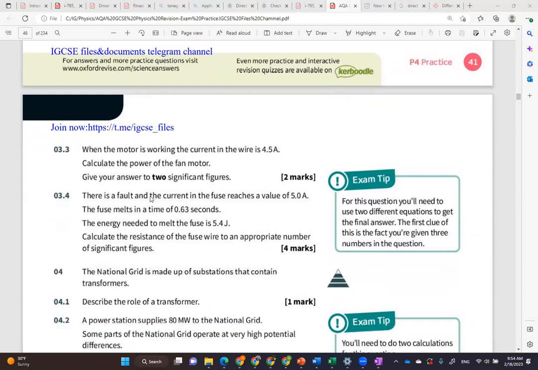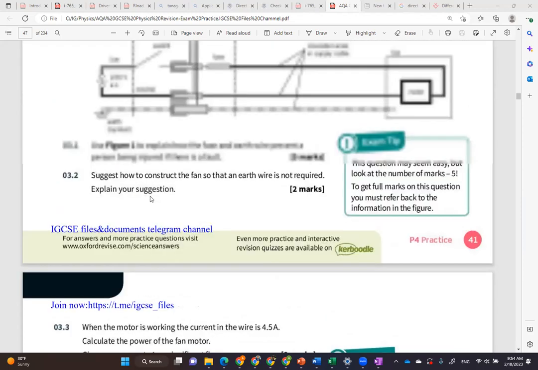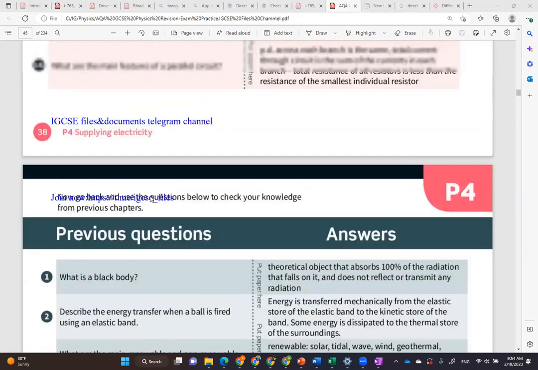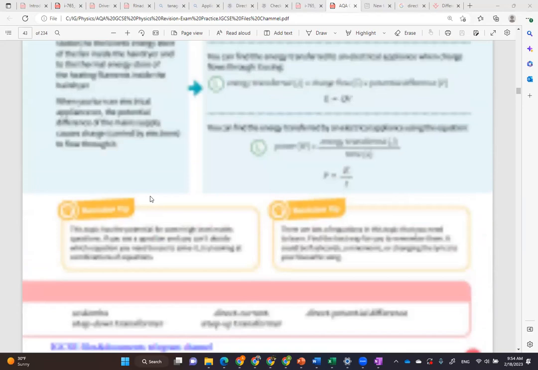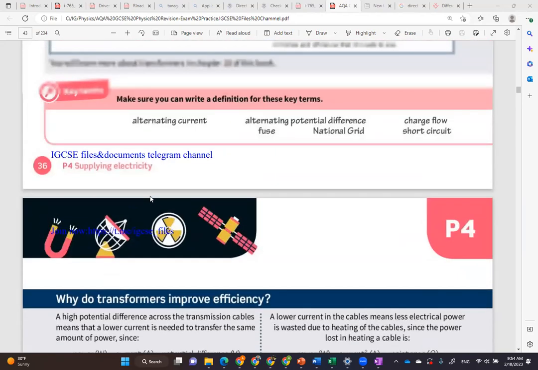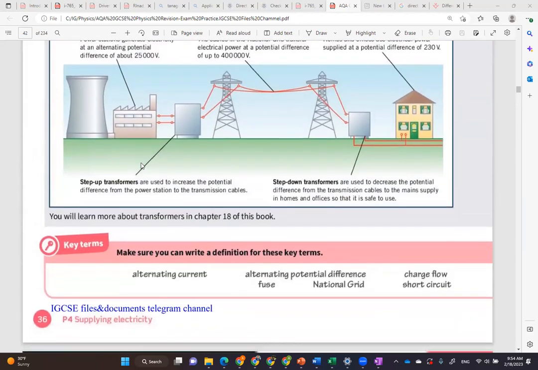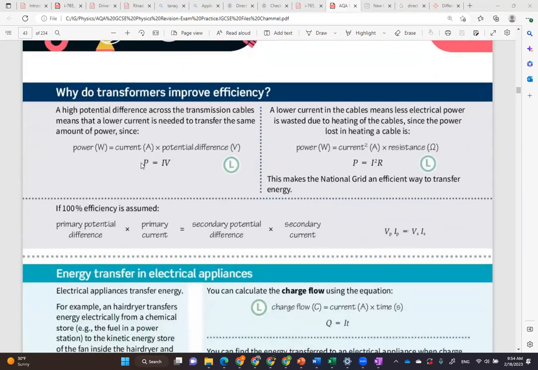Okay, guys, today we explained power, direct energy, indirect energy, the structure of plugs, and the transfer of volts from the power stations to our homes, and what the national grid, the transformer, the step-up transformers, and step-down transformers are.